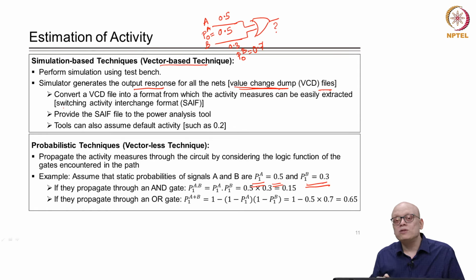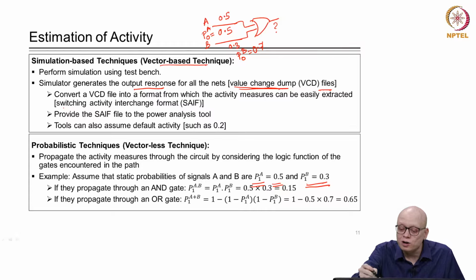Now, the output of an OR gate will have a value 0 only if both the inputs are 0. So, what will be the probability of being 0 at the output of the OR gate? The probability of 0 at the output of the OR gate will be 0.5 times 0.7, that is 0.35.